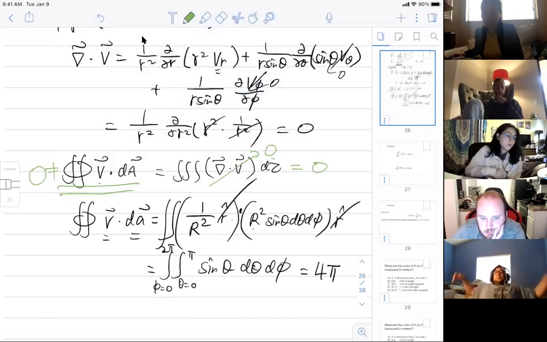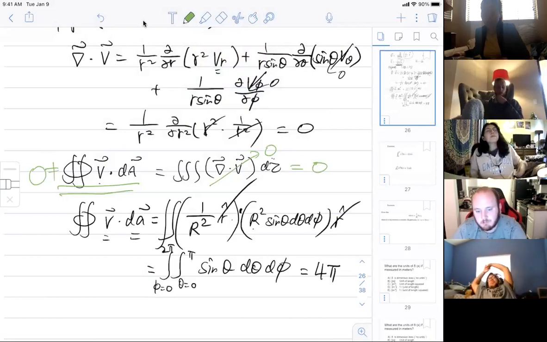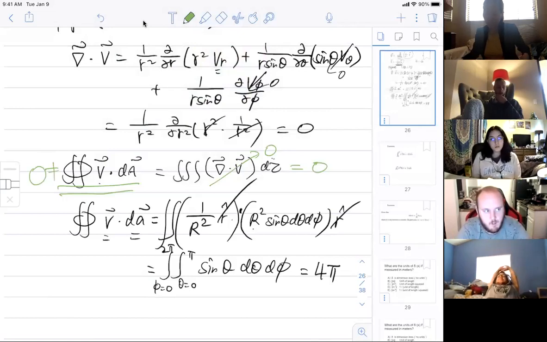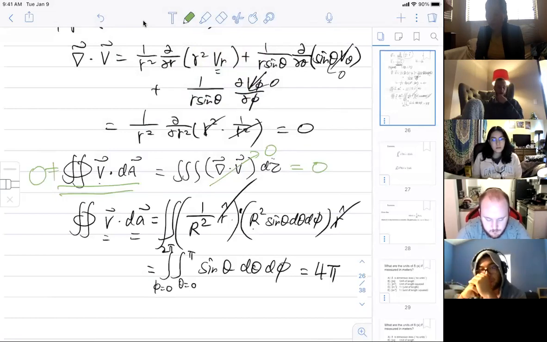Well, when we calculated in spherical, we found that it wasn't diverging at all. However, if we calculated the flux, we found that there was some fluid or substance moving through our area. So there's a contradiction in the two results.